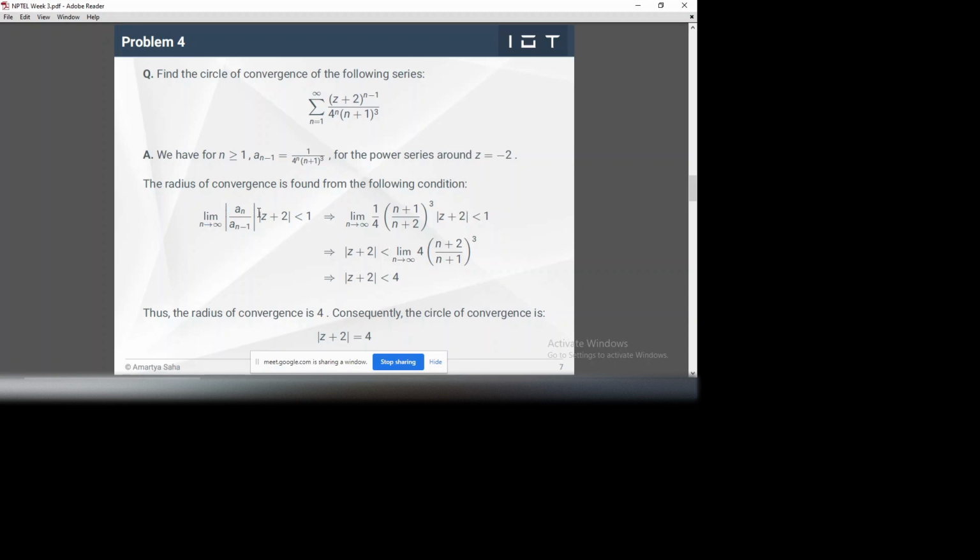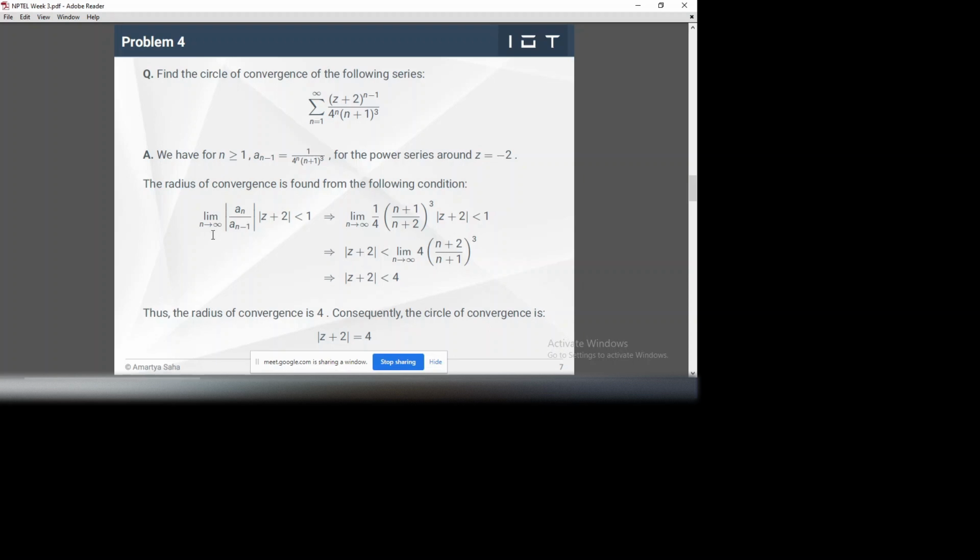I'll again use the ratio test, but you are of course free to use the root test also. So again, find the ratio of the nth term of this summation and the (n-1)th term, and in the limit n going to infinity, the absolute value of this ratio should be less than 1 for this function to be uniformly convergent.